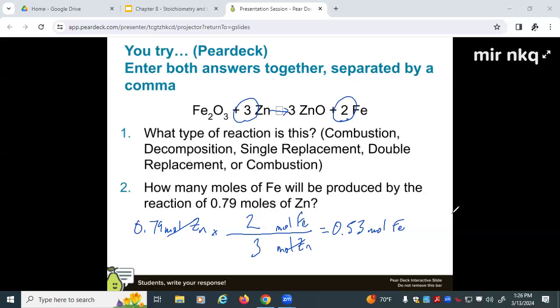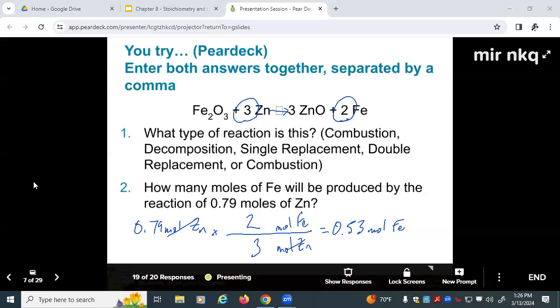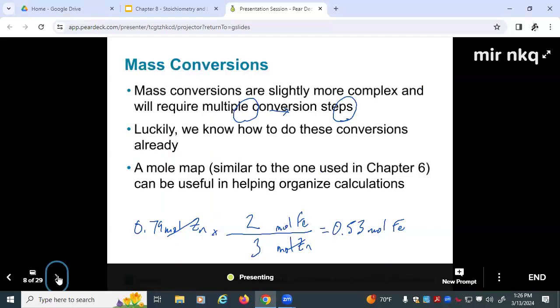So before we move on, any questions, anything that we're getting tripped up on with this calculation? Okay.